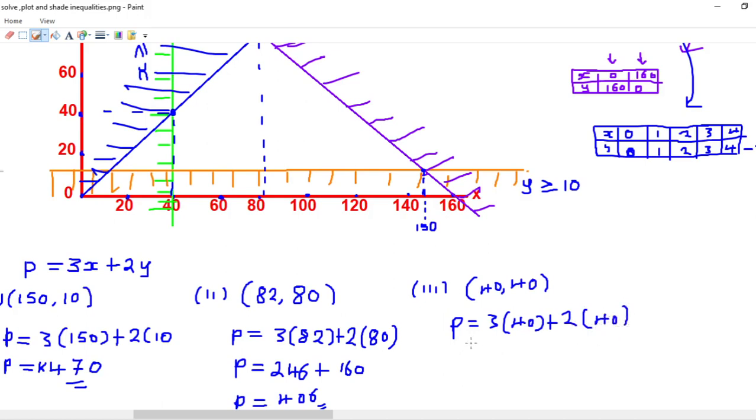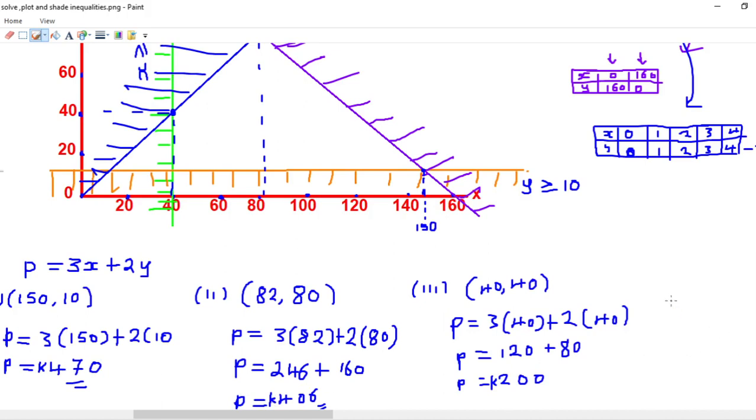This side we are going to get 120, plus 80, and this is going to give you just 200 as the maximum profit at this point. So we have kwacha, that's the amount of money.